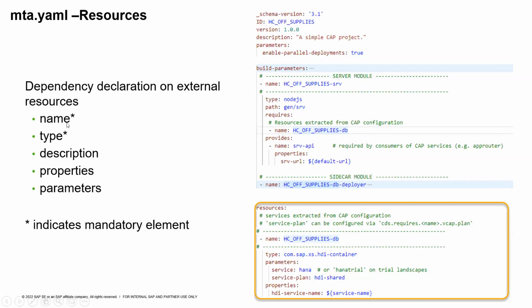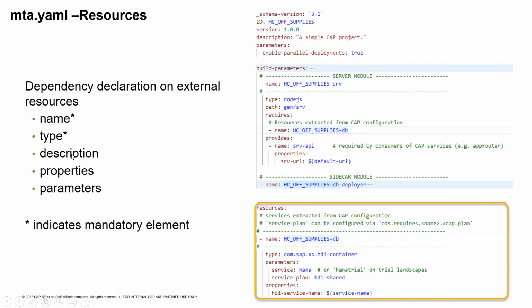So name is the mandatory name of the resource. Then type is again the mandatory content of the resource. So if you see in the resources section here, we have declared this container resource and given it the name HC Office Supplies DB, which is of type com.sap.access.hdi container. So again, it only declares the resource dependency. So we are just writing this: what resources are required for our application?